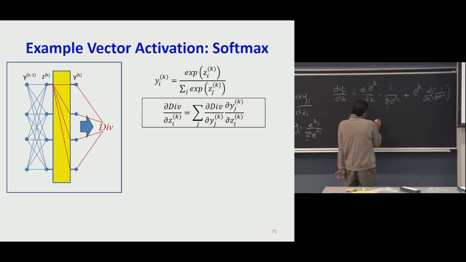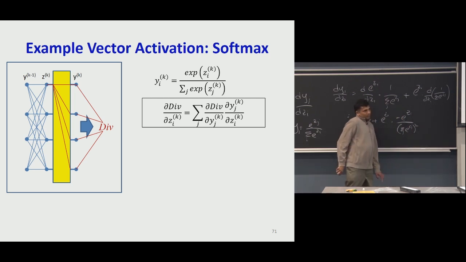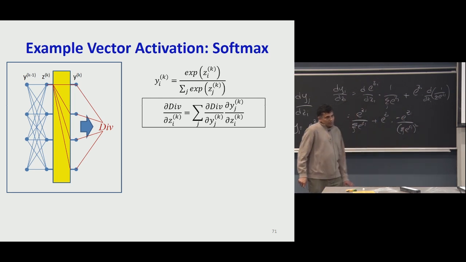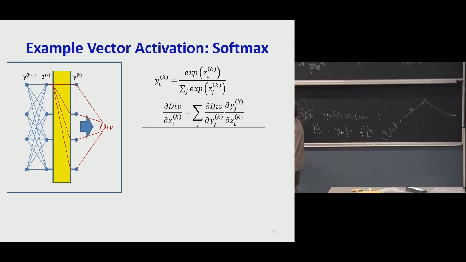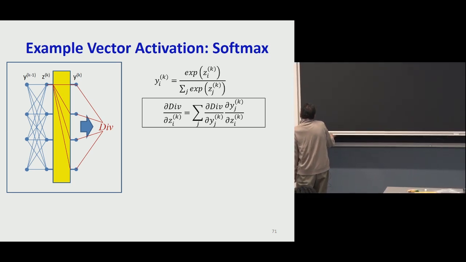For the second one, that is going to be plus e raised to zi, this didn't change, times, and now because this is in the denominator, it's going to be e raised to zi over summation j e raised to zj squared, with a minus, right? I'm assuming you can see that.